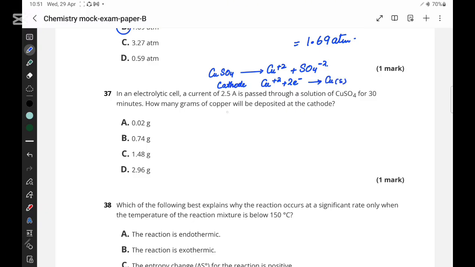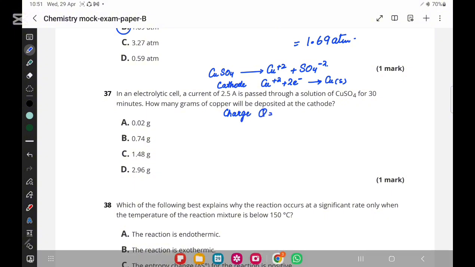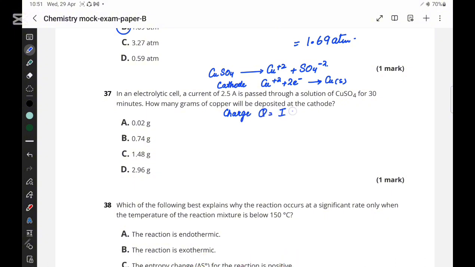So first of all, I am going to calculate the charge. Charge Q is equal to current multiplied by time. Current is 2.5, and for time we have 30 minutes. We have to convert it into seconds. So it comes out to be 4500 coulomb.